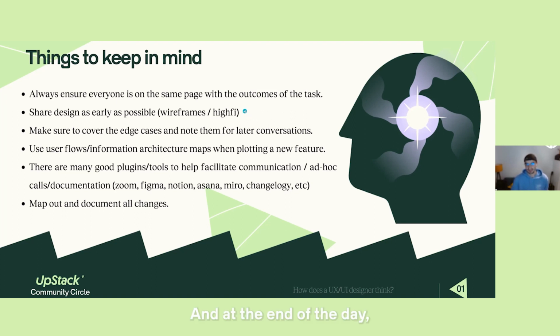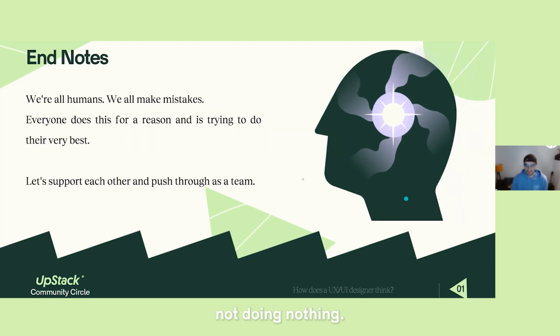And at the end of the day, there's something that I learned at Fortune, where I was working with a lot of difficult people: everybody's got their own plans, their own things to do. You've got to ask yourself, is this the hill that I want to die on? And sometimes it's worth not doing anything.